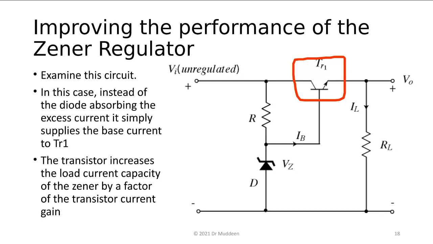The Zener is just taking its own current to keep itself operating, whatever that is, and you get that from the data sheet. And the transistor is now taking all of the load current. The Zener just has to provide whatever bias supply is needed by the transistor. So let's see how to design with that now.